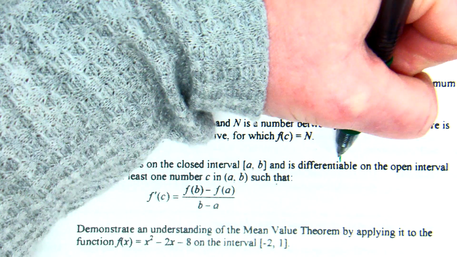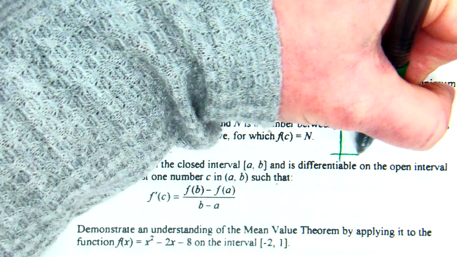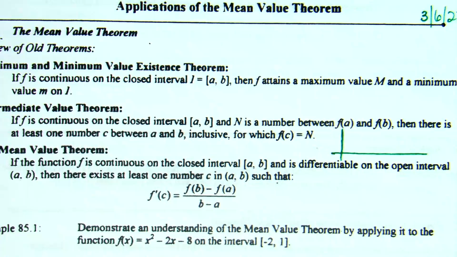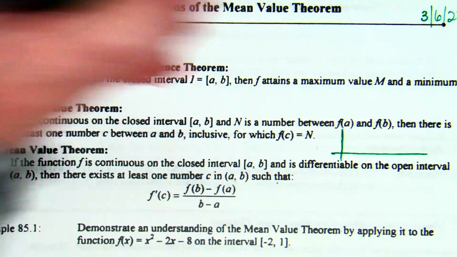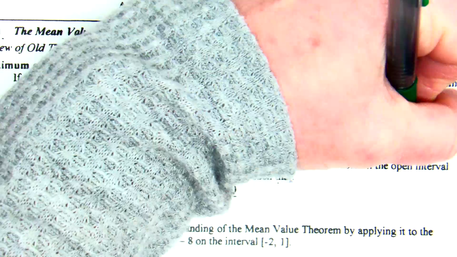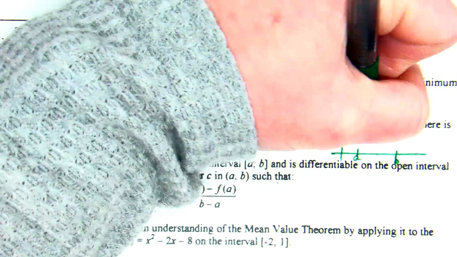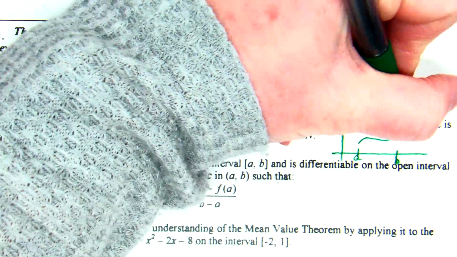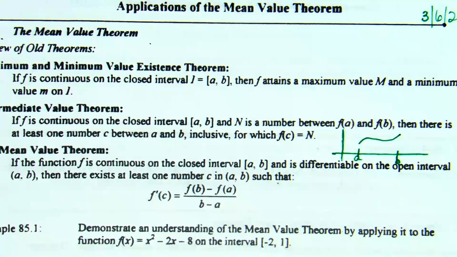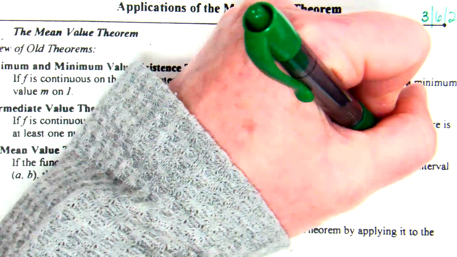There's your hello, Aubrey. Okay. So, if f is continuous on a closed interval, a to b, that means there is some graph drawn between a and b. Okay? Can you tell that's a and b? Not really. But I promise they're a and b there.